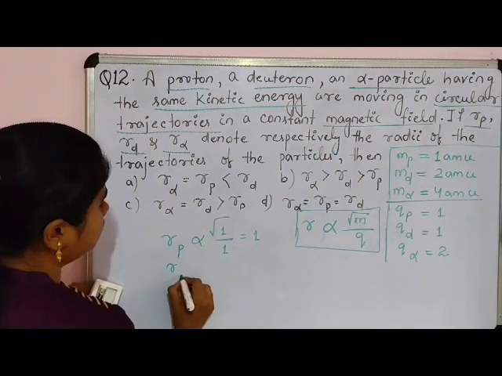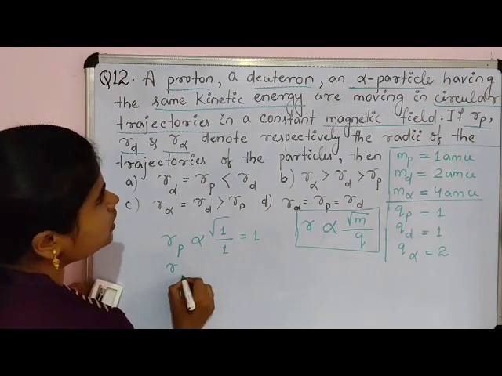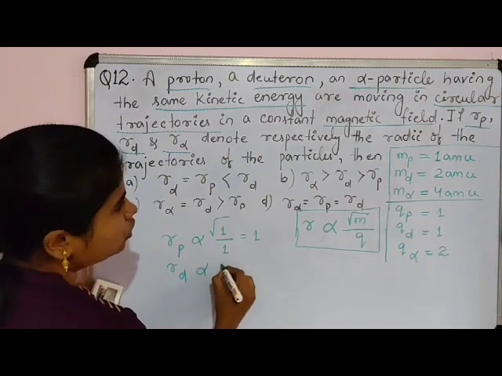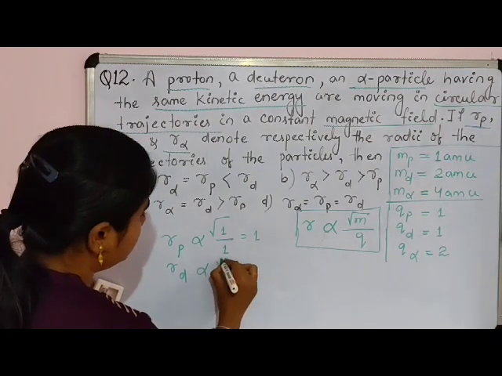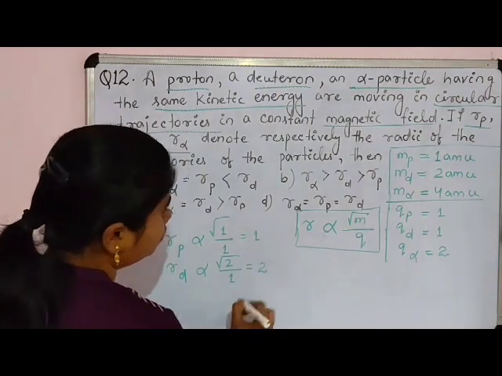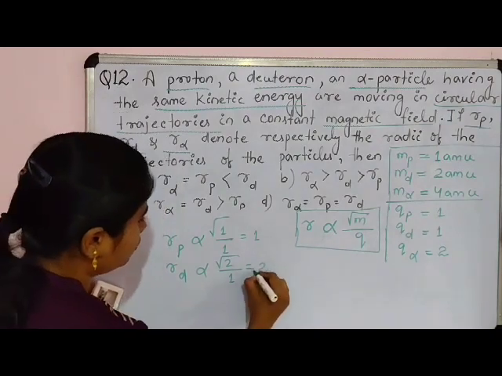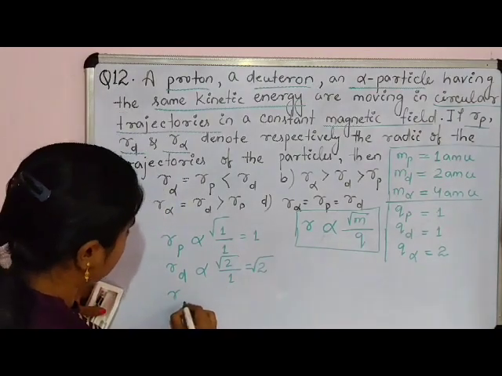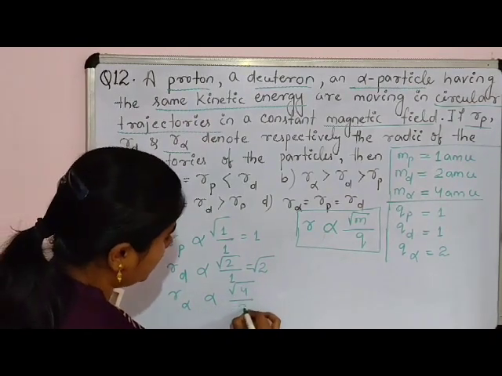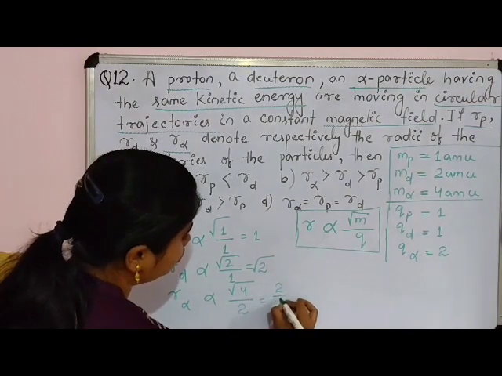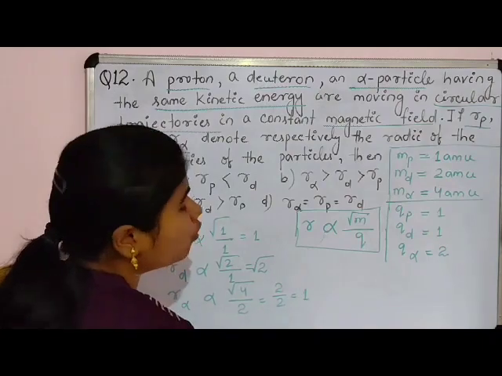Similarly, next is deuteron, 2 by 1, so that is equal to root 2. Next we have R alpha, that is 4 by 2, so that is root 2 by 2, which is equal to 1.